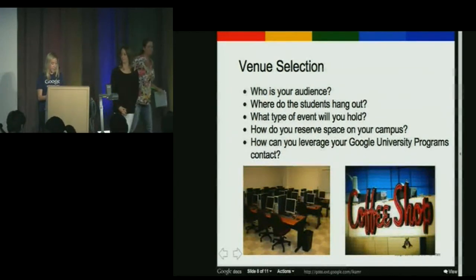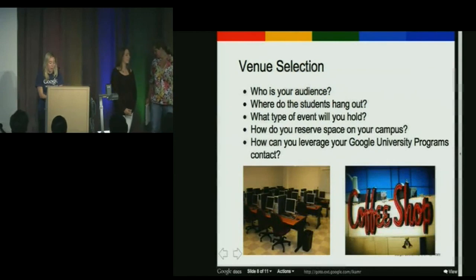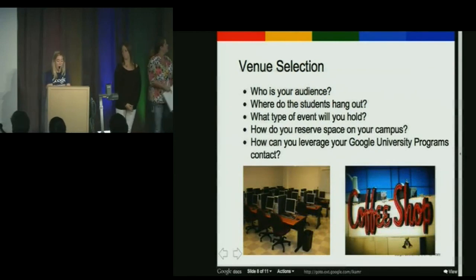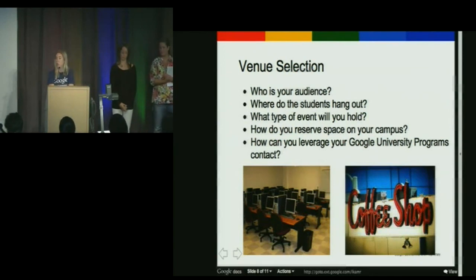Kat. So just a really quick note about venue selection on your campus. Most of the time it'll be more convenient and less expensive for you to host events on your campus. So definitely think about your audience and the point of the event and what's really appropriate.